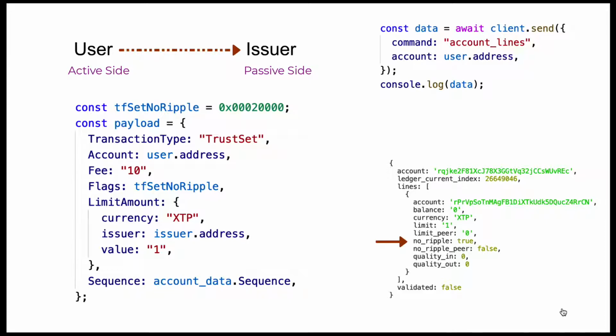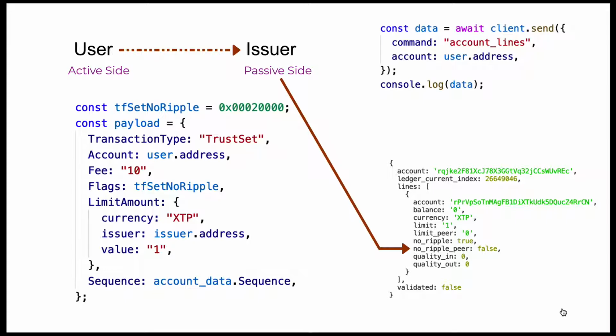Now the key thing to understand here is that the no ripple setting is from the user end, which is the active side in this case. So to enable or disable rippling on an individual trust line, the user should use the flag with the trust set transaction type. But for the passive side, or the issuer end in our case, the value of no ripple peer is picked up from its account setting.